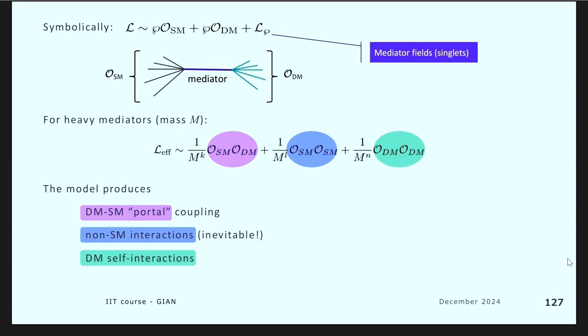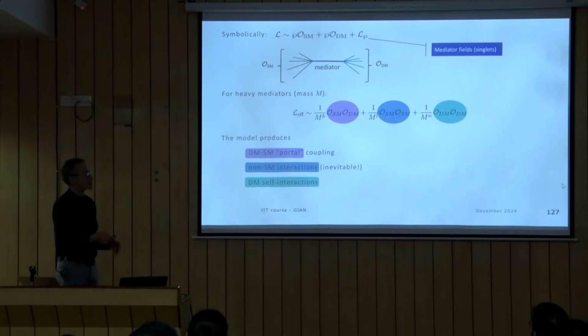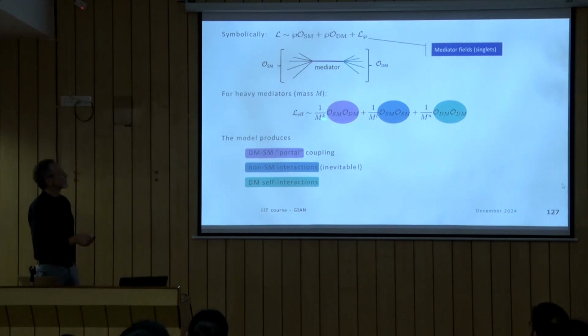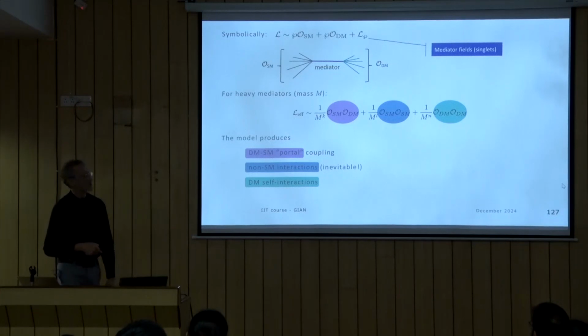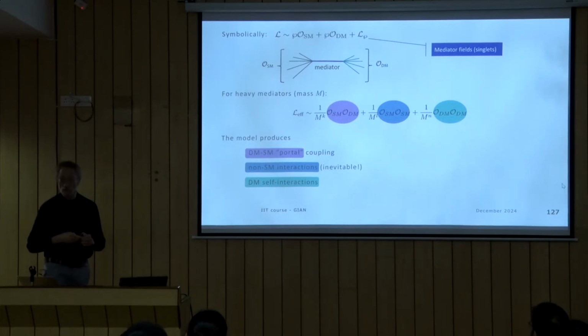It modifies the standard model couplings. This generates dark matter self-interactions that may be large or small, depending on the details of the theory. And this represents what's called portal couplings. That is the portal through which the standard model can look out into the dark world.